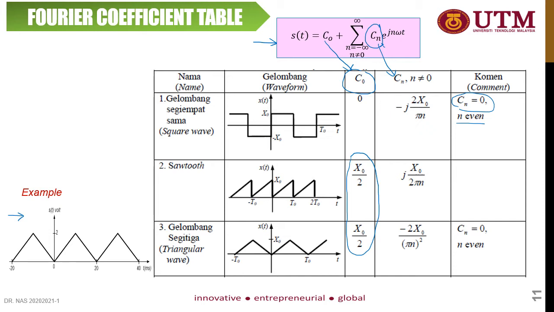In this case, the closest one is the triangular wave. So from here, you know that the C0 for this particular signal is x0 over 2, and Cn is negative 2x0 over pi n squared, and that's the remark for this particular signal.